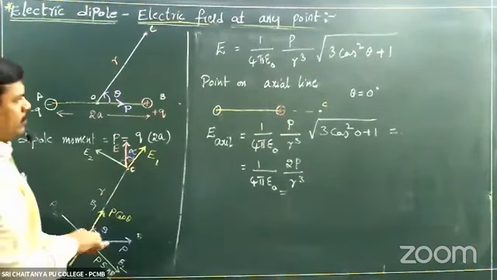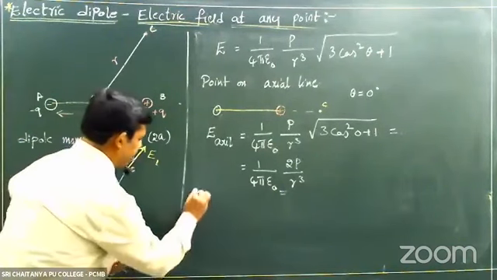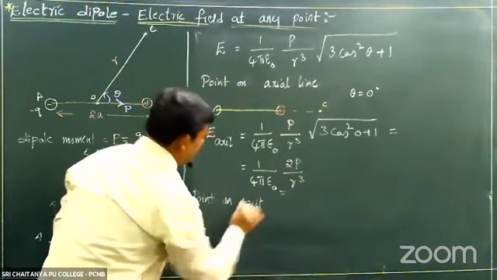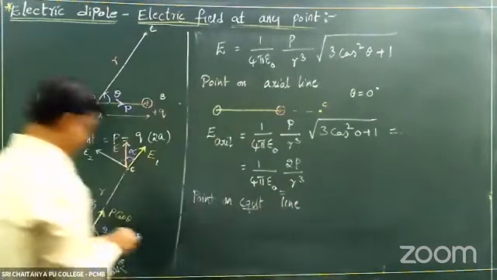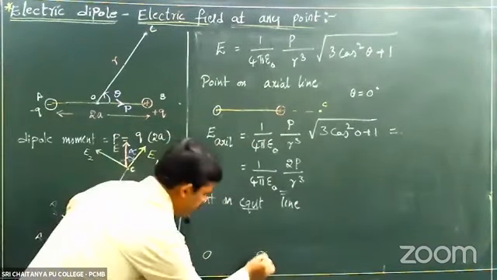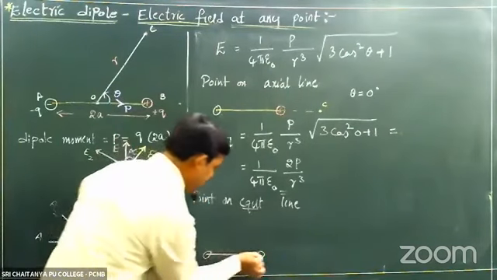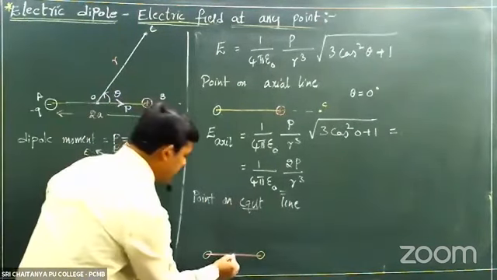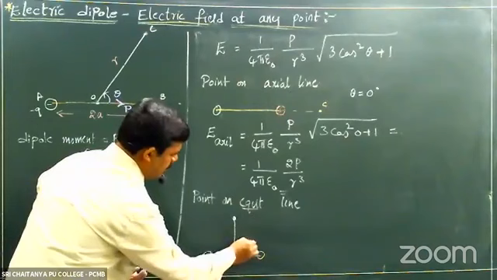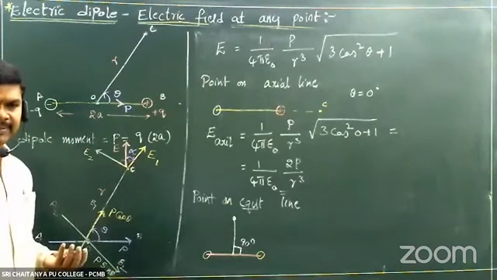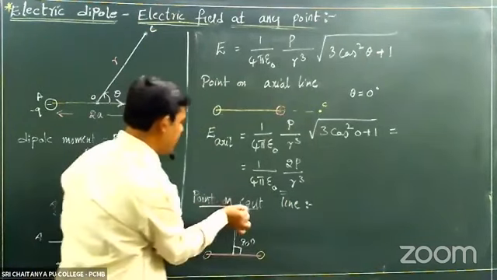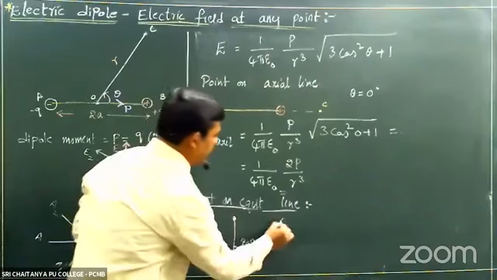Okay. When the point is on the equatorial line, see, the point is on the equatorial line here. What is the angle? Angle is 90, right? This angle is 90.